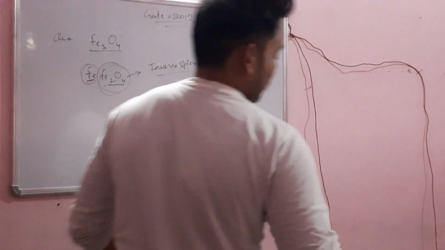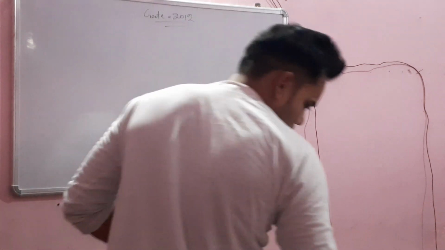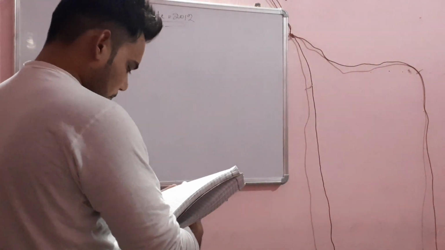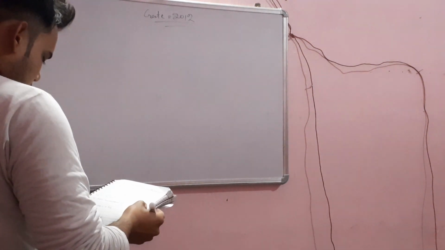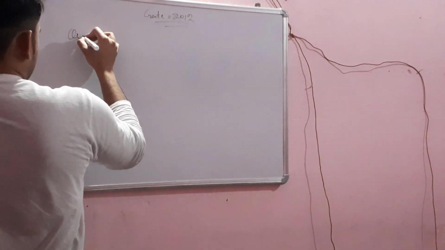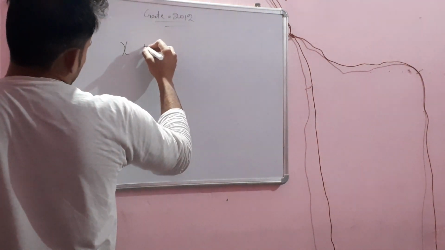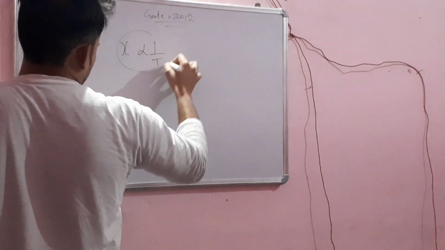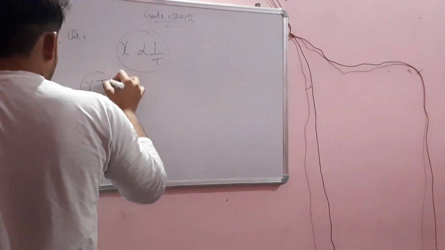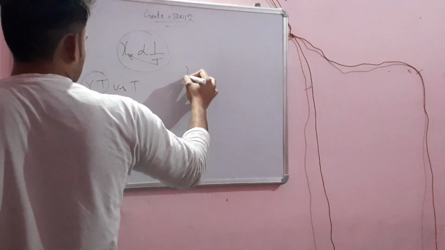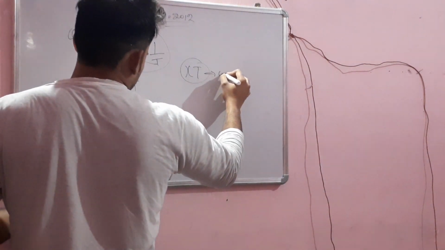The next question is about magnetism. It is also from your coordination chemistry. Let us discuss that. When you know about the Curie temperature, you know that the susceptibility is inversely proportional to temperature, but the graph is between χT versus T. You know that susceptibility times temperature will become a constant quantity.